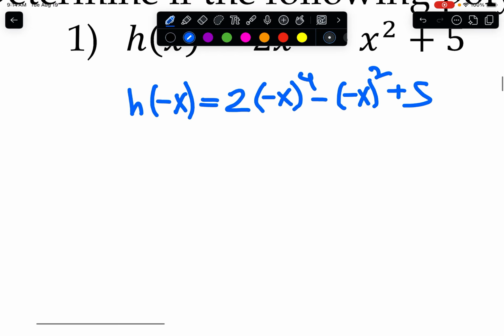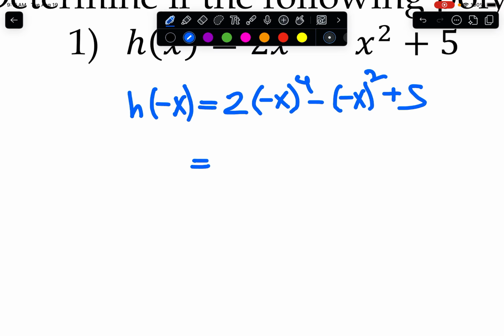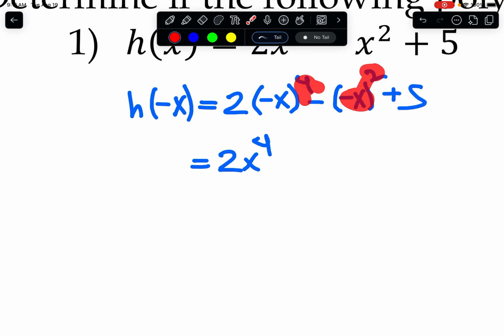When I simplify, negative x raised to the fourth power, because it's an even exponent, is going to be positive. So this is just going to equal 2x to the fourth. And then over here, I have negative x squared, which is positive x squared, times a negative 1, which is going to be negative x squared, and then plus 5.